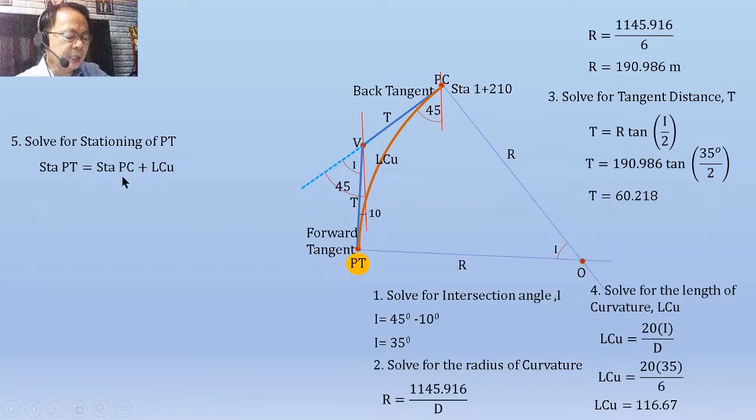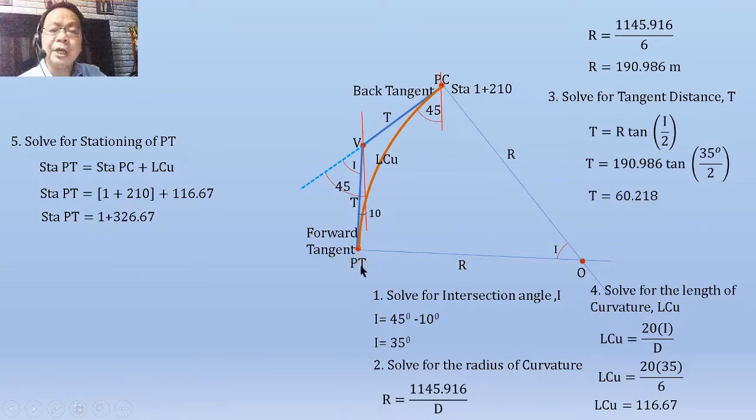Because we are given the stationing of the PC, which is at 1 plus 210, and we have just computed the length of the curvature equal to 116.67, therefore our stationing of PT will be 1 plus 210 plus 116.67, giving us 1 plus 326.67.